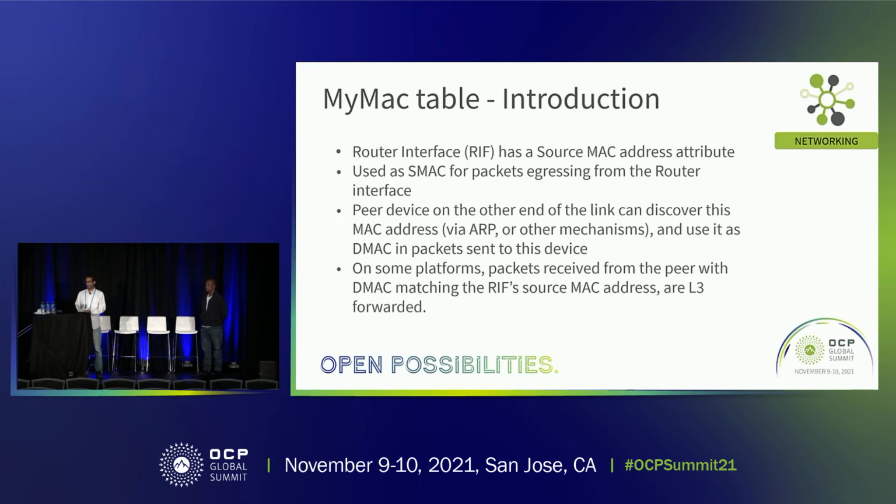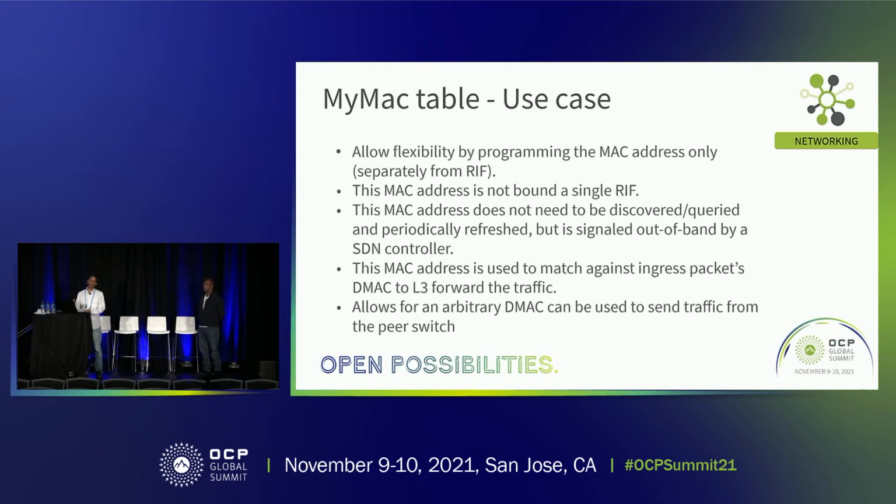We wanted to be able to program the MAC address in the ingress pipeline separate from having to create a router interface. And this would allow us to use a MAC address that does not belong to a particular port. It could be shared amongst ports. It could be something which is a property of the switch.